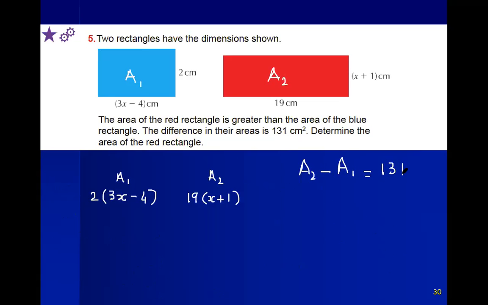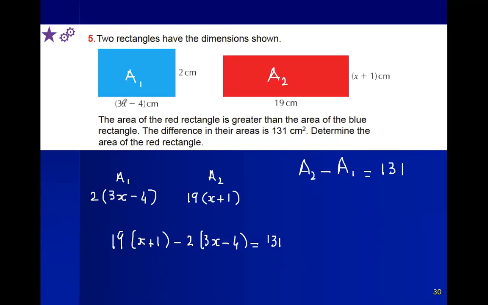So that's basically what you've got to solve. So you need to write 19 times (x plus 1) minus 2 times (3x minus 4) equals 131. So you've got to solve this equation to find x.